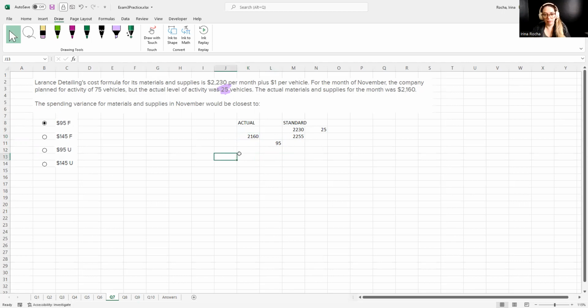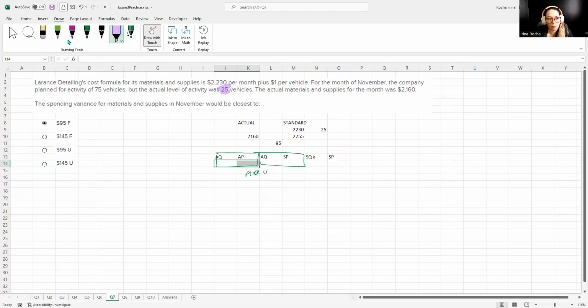Another way of thinking about it is dividing it a little bit further: the actual quantity and then the actual price. Actual price, actual quantity, standard price, and standard quantity allowed, and the standard price. Remember that they're asking for the spending variance. The difference between these two is the price or rate variance.